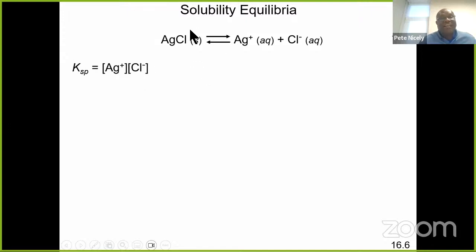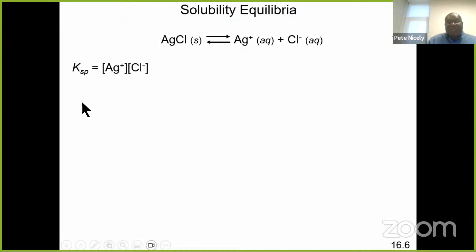You'll notice that the silver chloride itself does not appear in this equation because, as we learned about 2 chapters ago, any solids or pure liquids present in equilibrium will not change their concentration. The concentration will be constant, so they will not appear in the equilibrium expression. So this is the equilibrium expression for this dissociation.